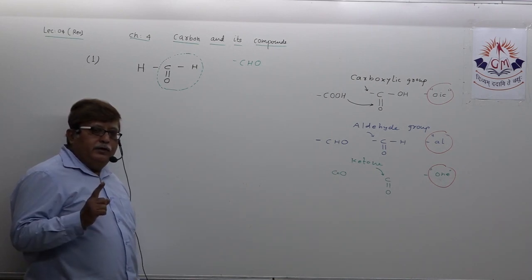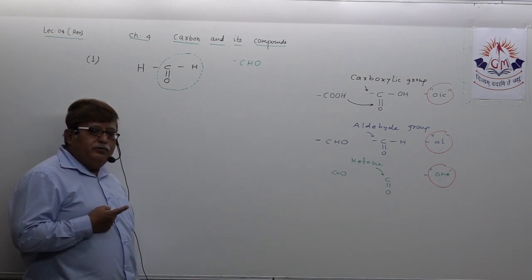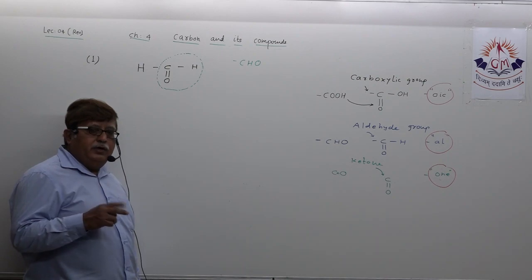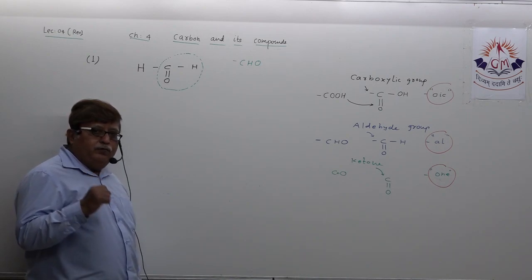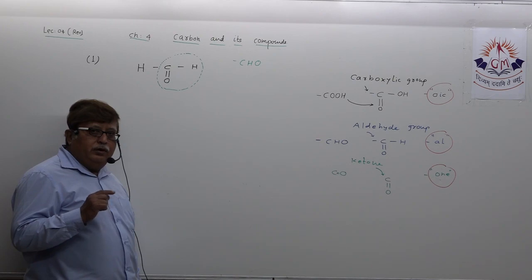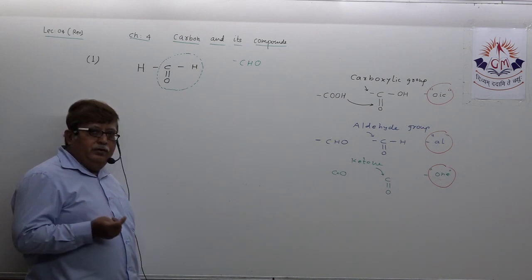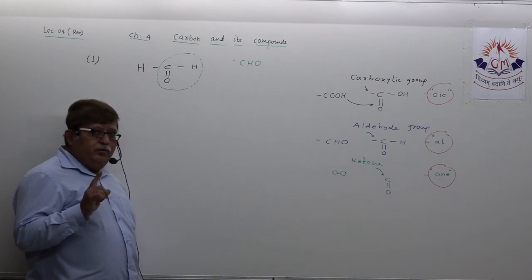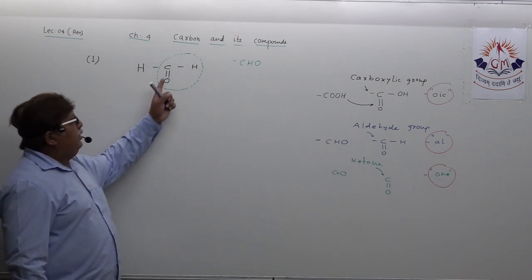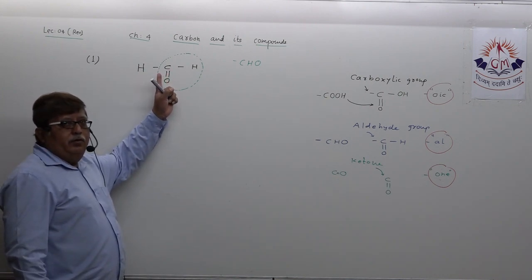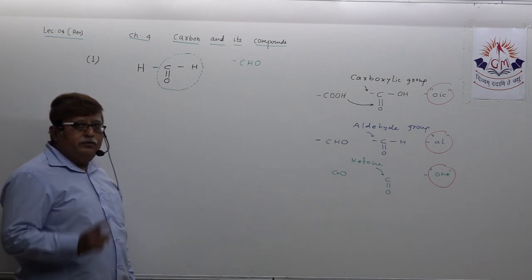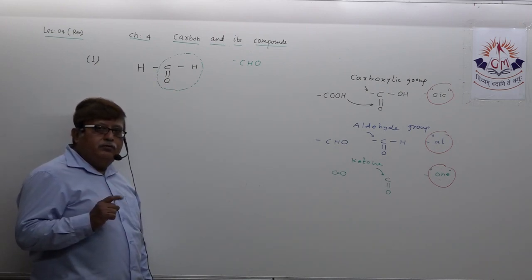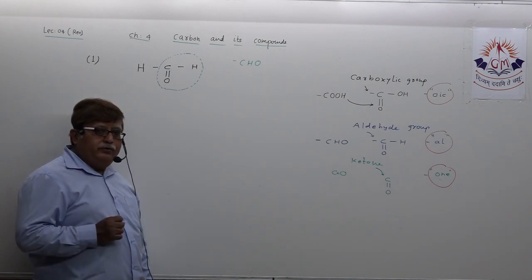You all know very well from the previous two lectures on halides and OH that those two functional groups did not involve any carbon atom in their structure: chlorine, bromine, fluorine, iodine, OH, no presence of carbon. But here there is a carbon, and while you name this organic compound, you have to consider this carbon also. So the suffix is fixed, al.